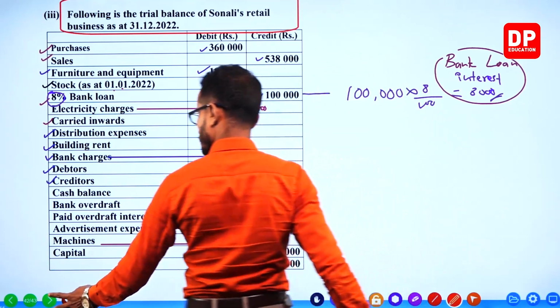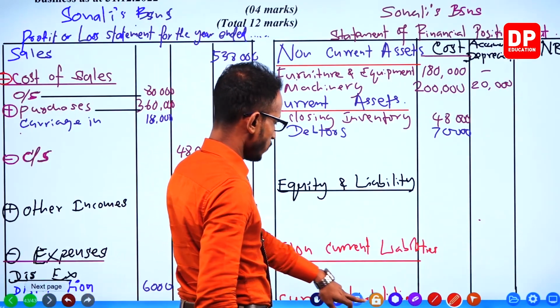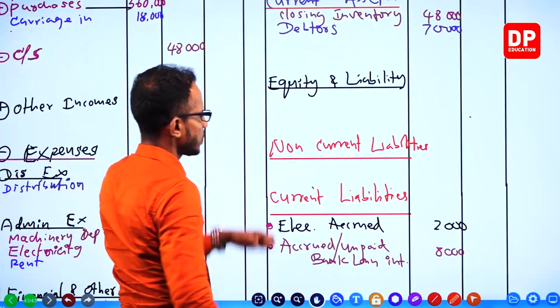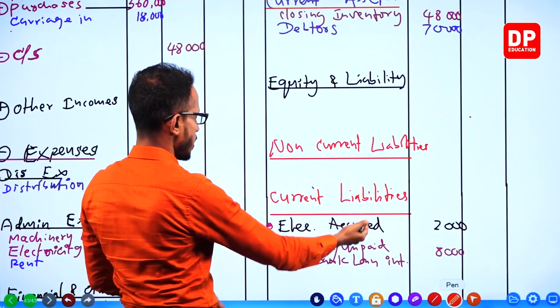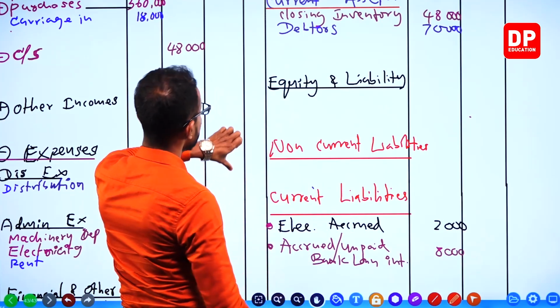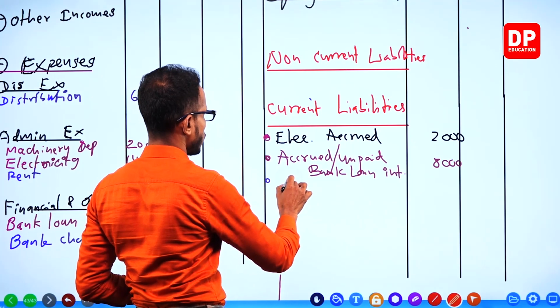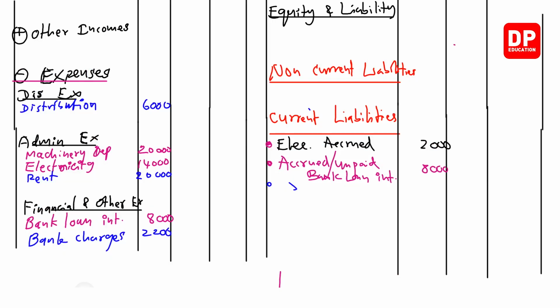Liability always appears here and it's a current liability, so you put it here. Creditors under current liabilities. Okay, creditors 50,000. Done.